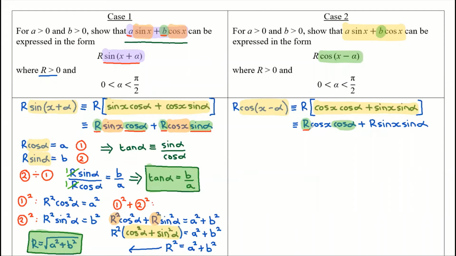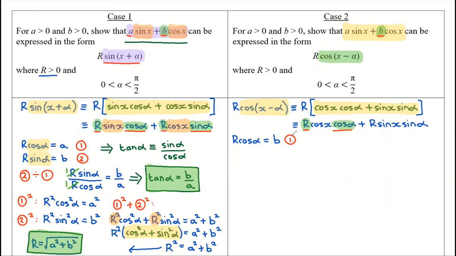The r and the cos alpha are multiplying the cos x. So they must be equal to b if we're equating coefficients. So that's our first equation that we can write down. So we have that r cos alpha is equal to b. And we'll call this one equation 1. Just check you agree with me on this.